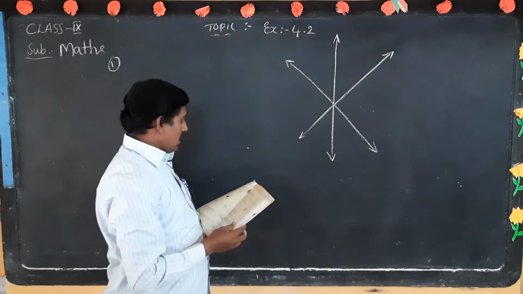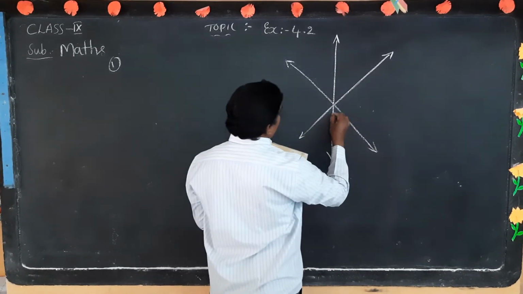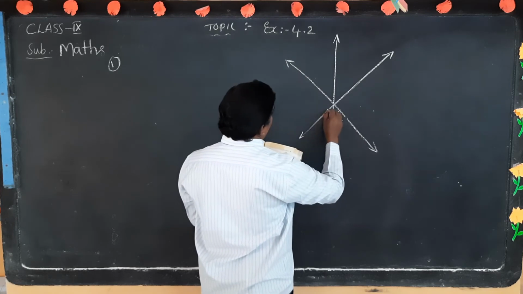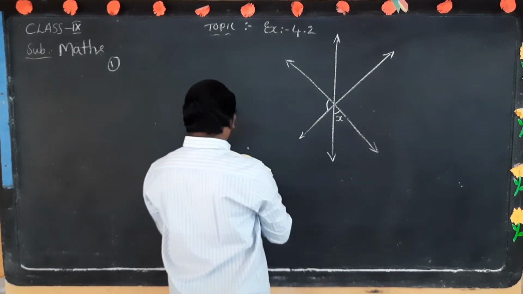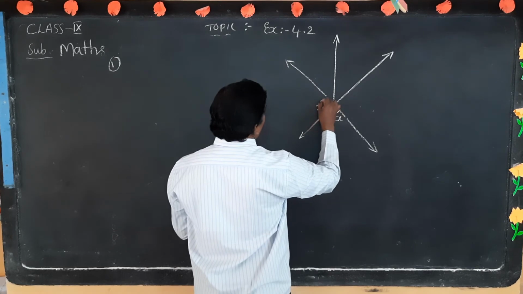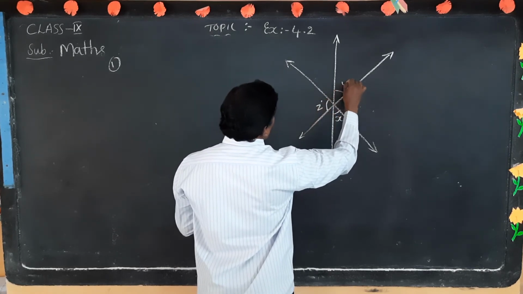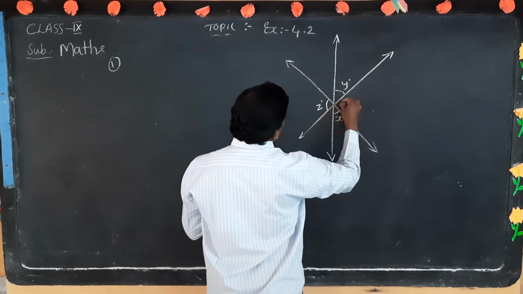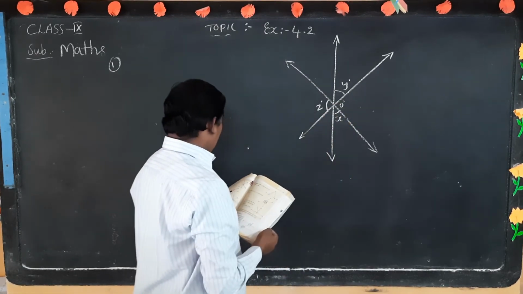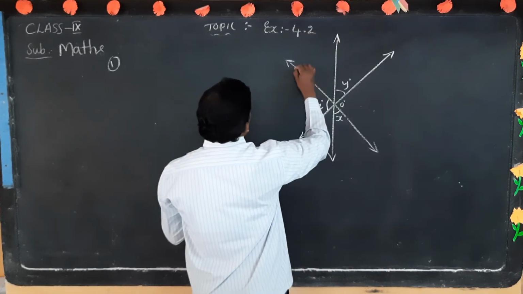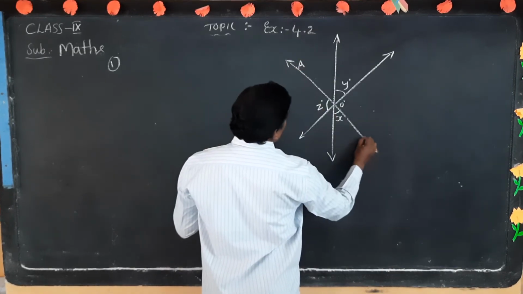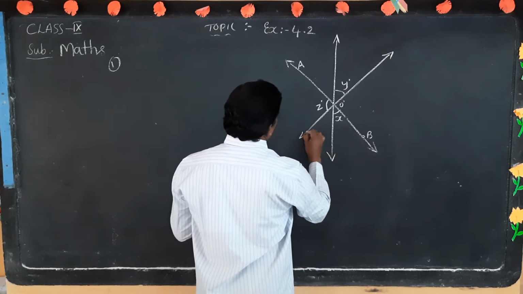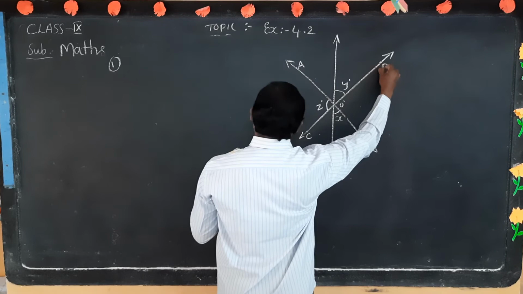Here they have given x degree, here z degree, and here y degree. The common vertex is O, and these are the lines AB, CD, EF.